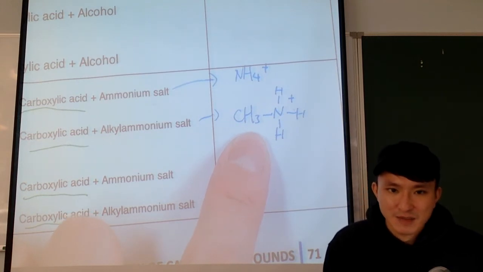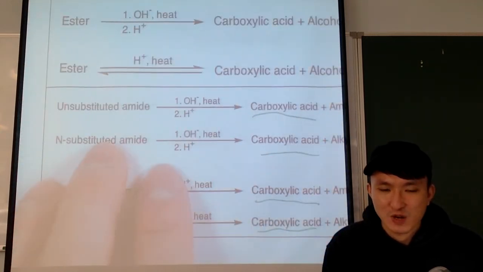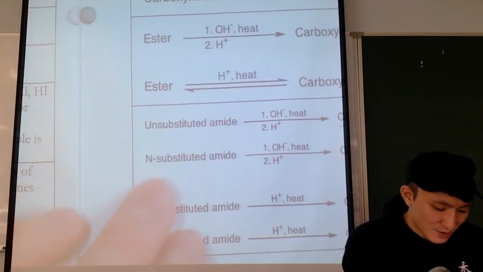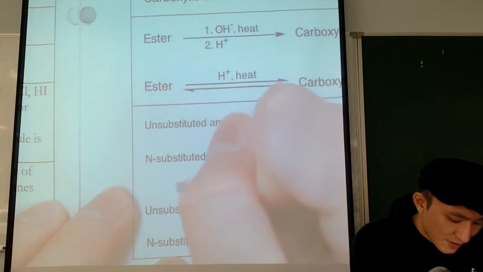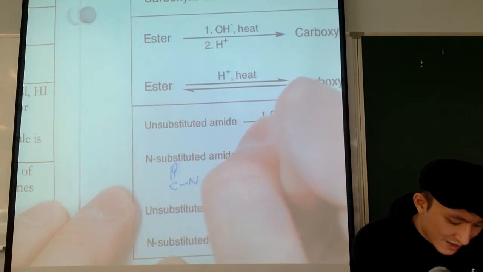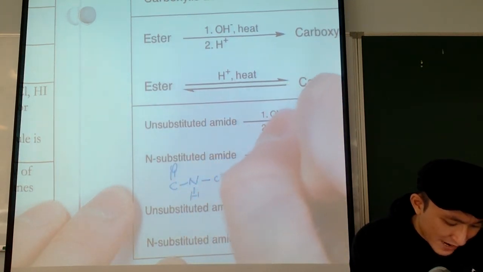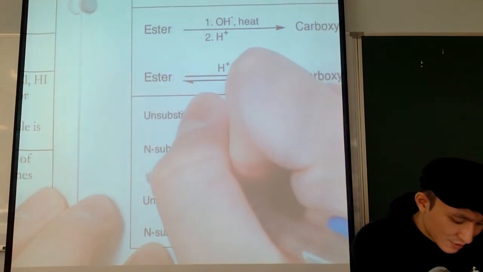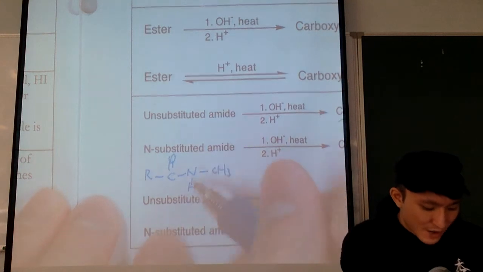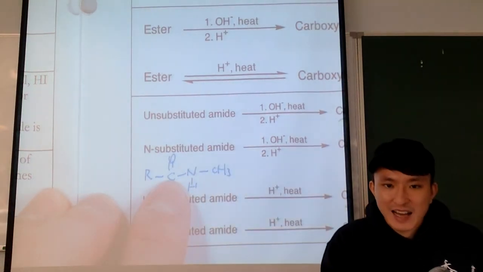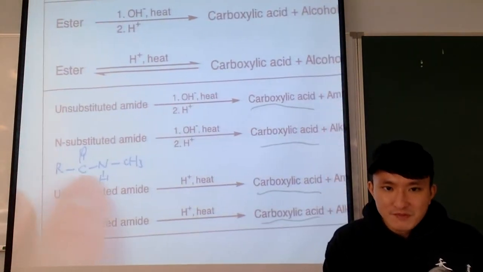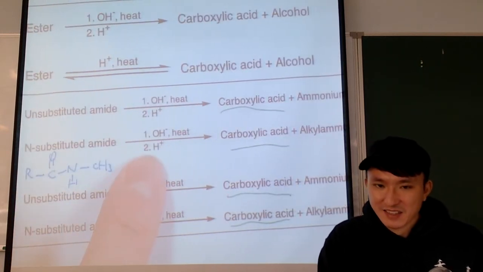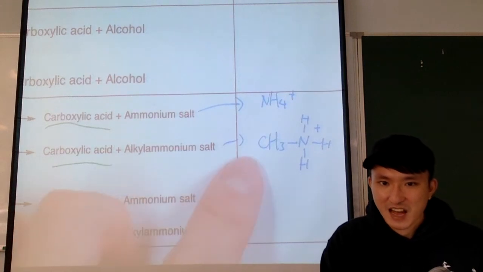Okay. So because this time we are trying to hydrolyze an N-substituted amide. An N-substituted amide basically means we have an amide, and the N here is not just NH2, but perhaps with other alkyl groups. Okay. So that's why when you hydrolyze the amide bond, it will produce the amine. And amine in an acidic condition will give rise to alkyl ammonium salt.